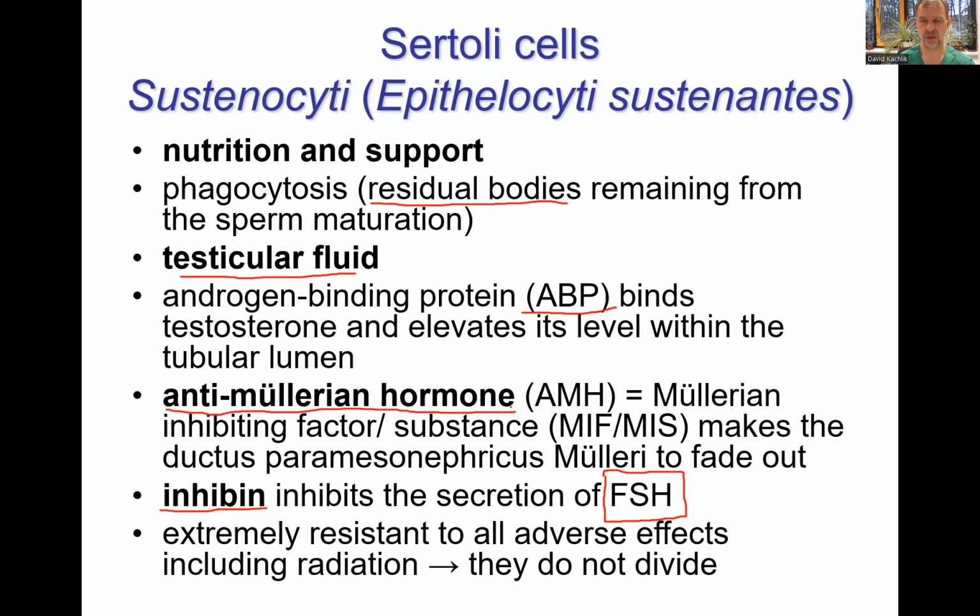And in male, this duct is not necessary anymore, so that's why it's made to fade out and disappear. The Sertoli cells are very, very resistant, so they do not divide, and that's why they also can survive even radiation.